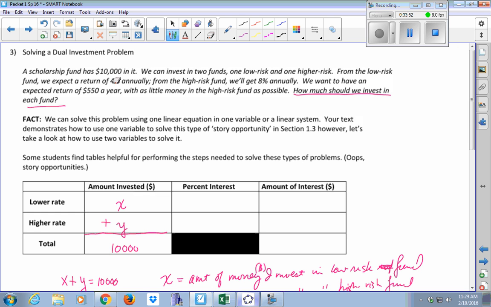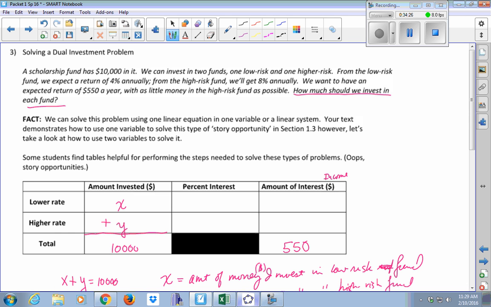Interest, right? Well, when we're just assuming 1 year and we're doing this annually, we get some interest. Our money makes money. That's our system, right? So what's the total amount of money we get at the end of the year on this $10,000? 550, right? That's the amount of interest income I earn, okay?